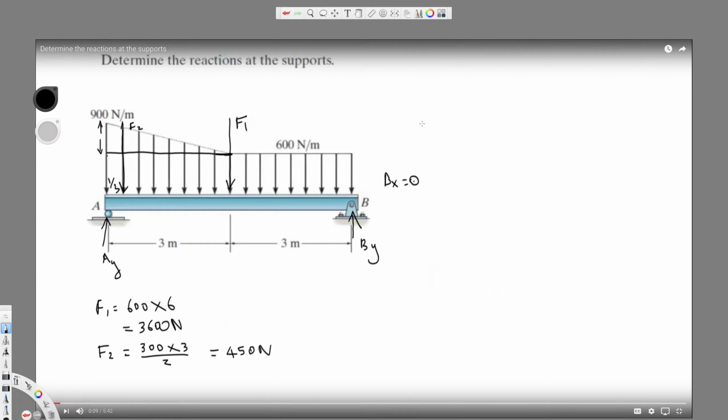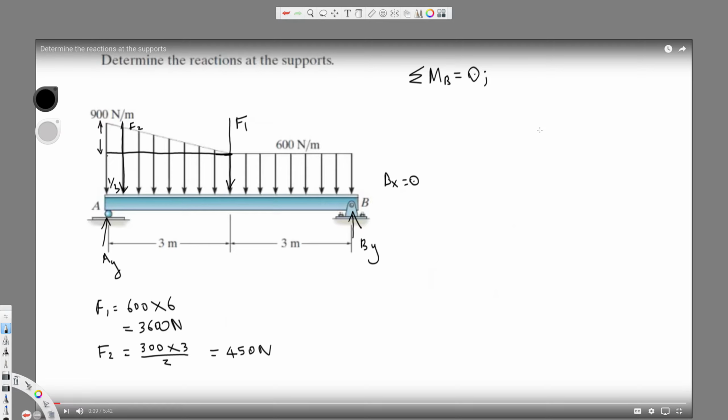So let's take moment around B. If I take moment around B, the total moment is going to be 0 in statics. So let's take all the moments.